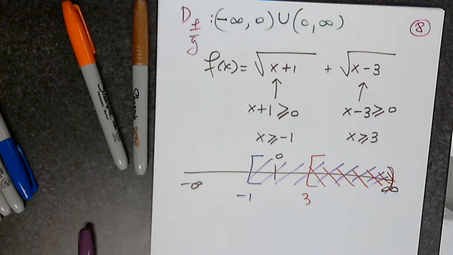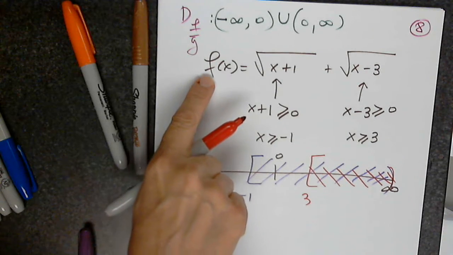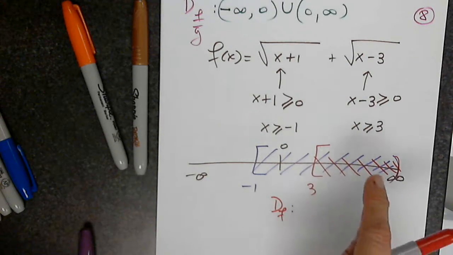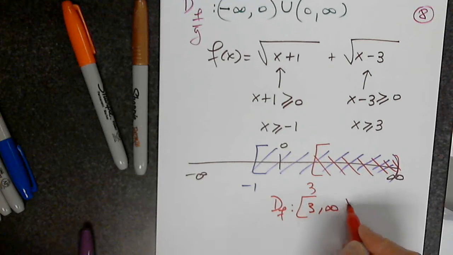So what would be the domain of function f? Yes, because if purple and red don't have a common territory, f doesn't exist. So yes, the domain of f is indeed the common where I see both red and purple. So it's indeed 3 comma infinity.